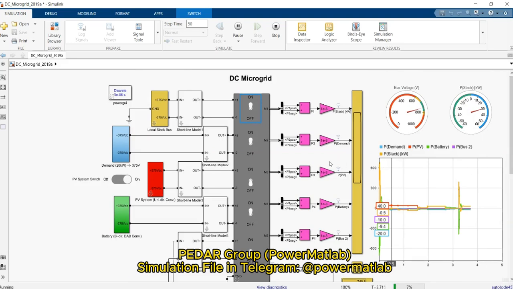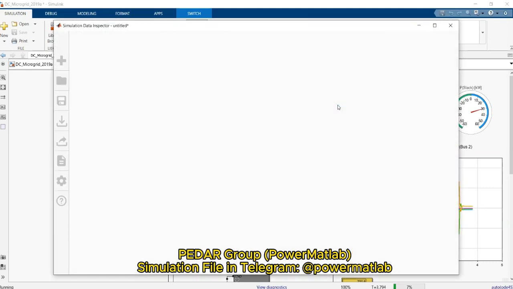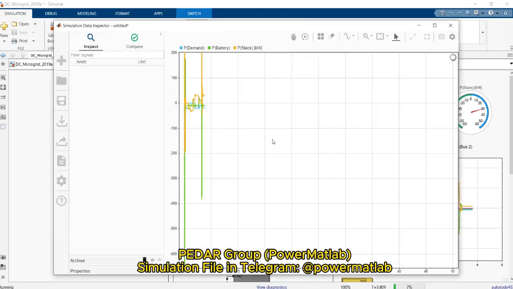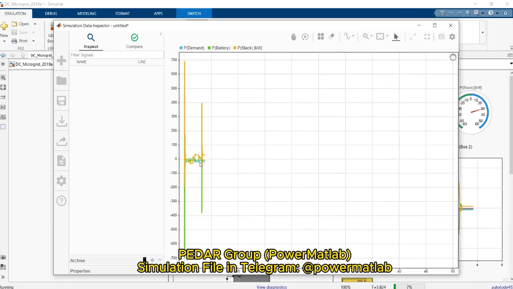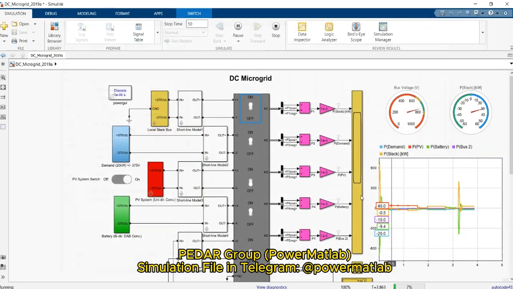Also, you can see each part of the generation unit curves by double clicking here. You can see different states of operation for these simulations.